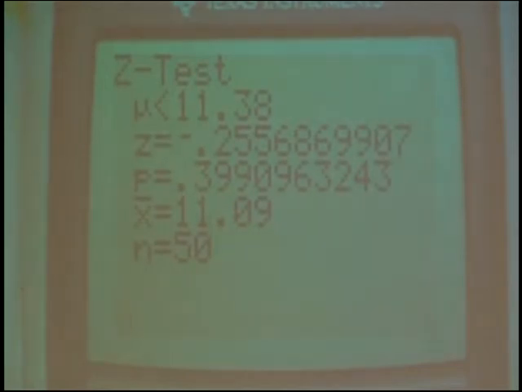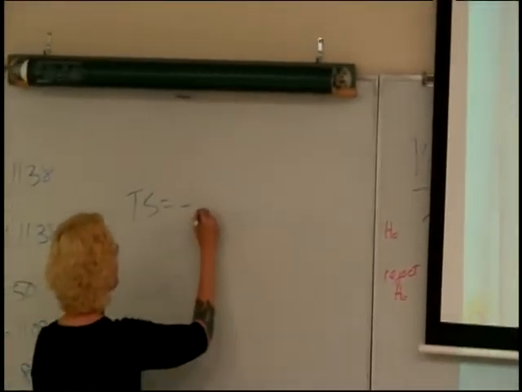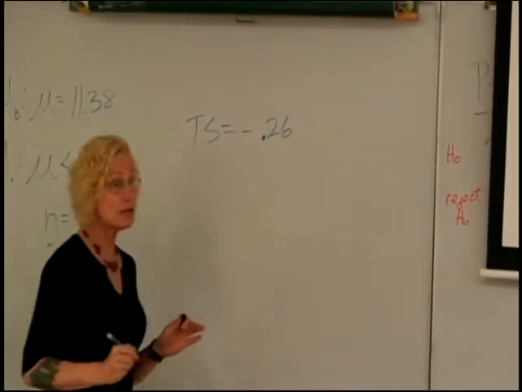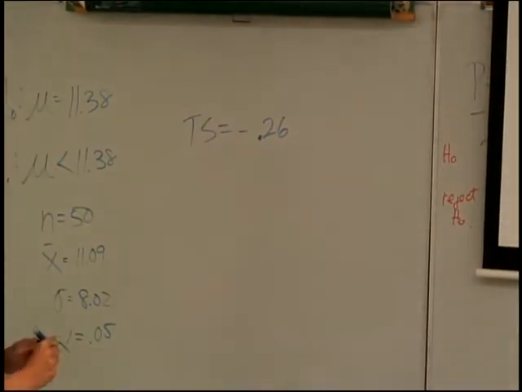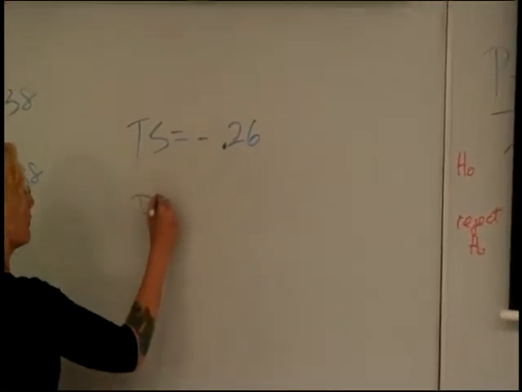Okay, so we have a test statistic of negative 0.26. Do you see where I got it? Yeah. Okay, good. Our p-value is huge.